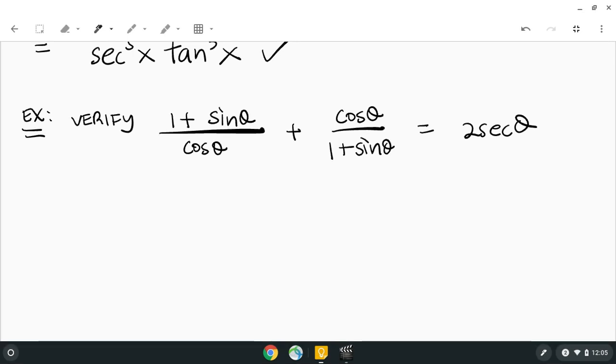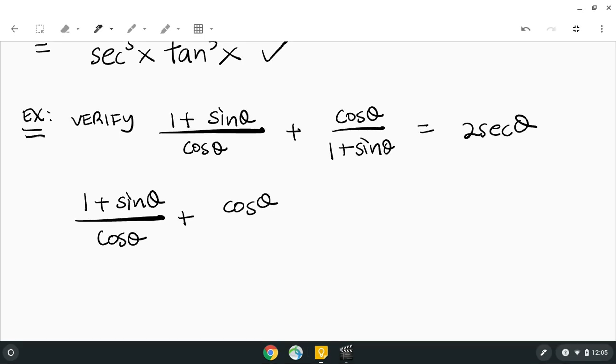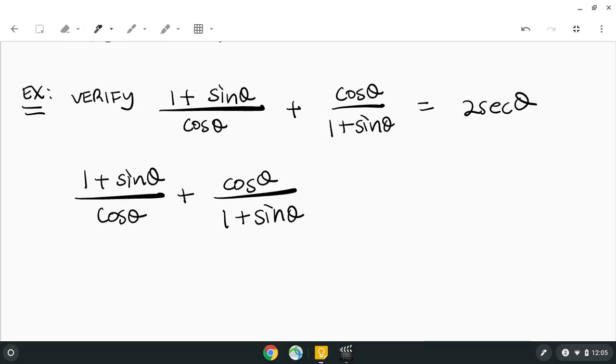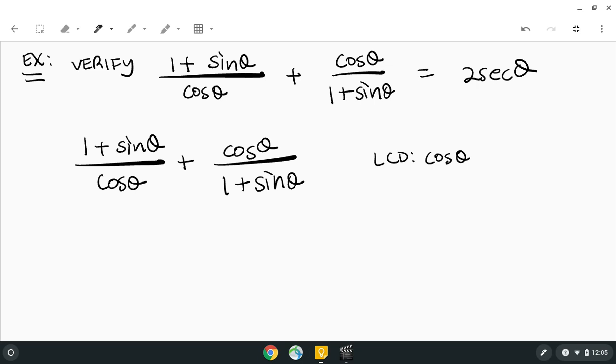So I'm going to use the left-hand side and try to simplify it until I get 2 secant. So 1 plus sine theta over cosine theta plus cosine theta over 1 plus sine theta. I'm going to work on this side and simplify it. Here I have fractions, so I am going to get my common denominator, which is cosine theta times 1 plus sine theta.